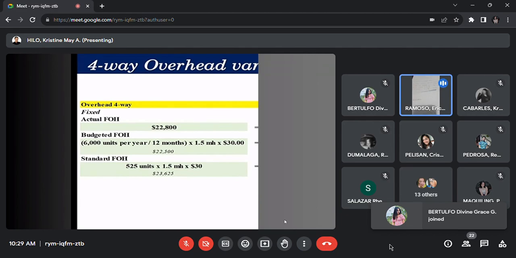So the total is 22,500. Our standard fixed overhead is 525 units times 1.5 machine hours times $30. So the total is 23,625.